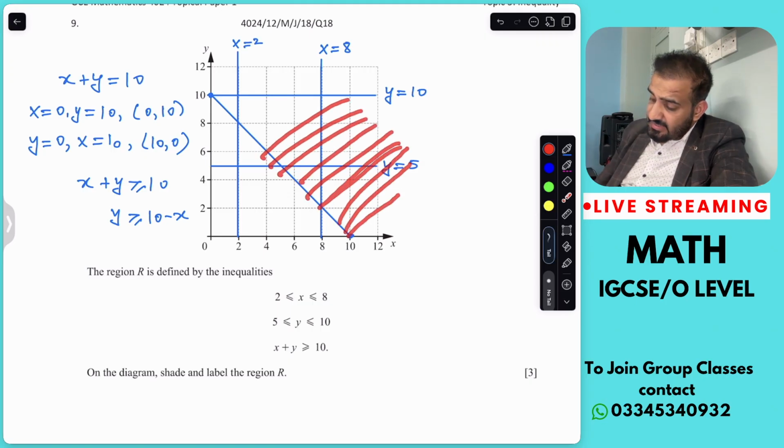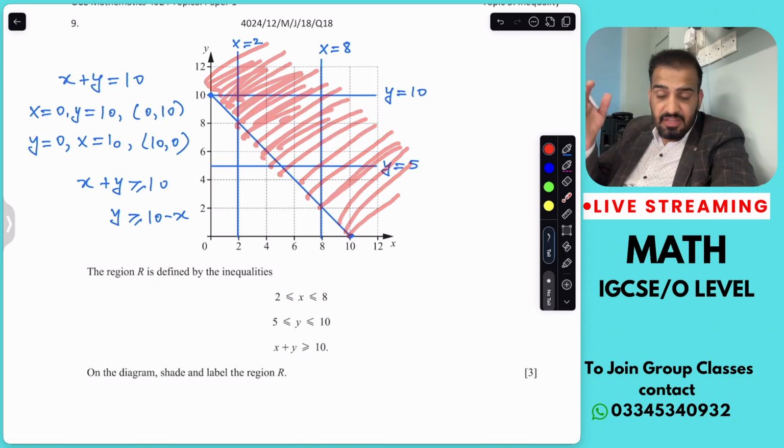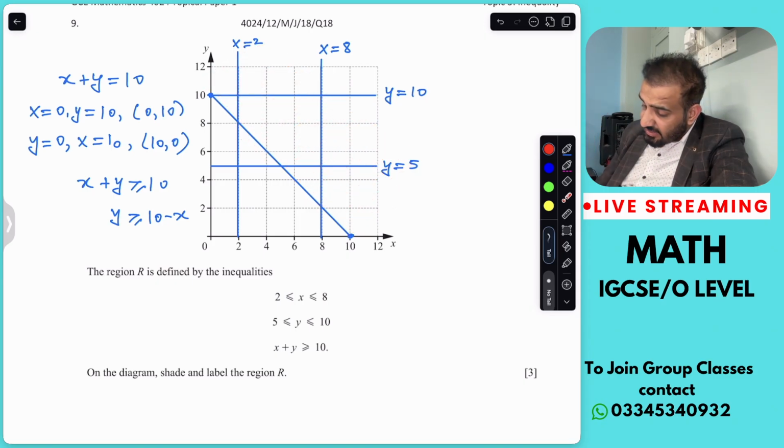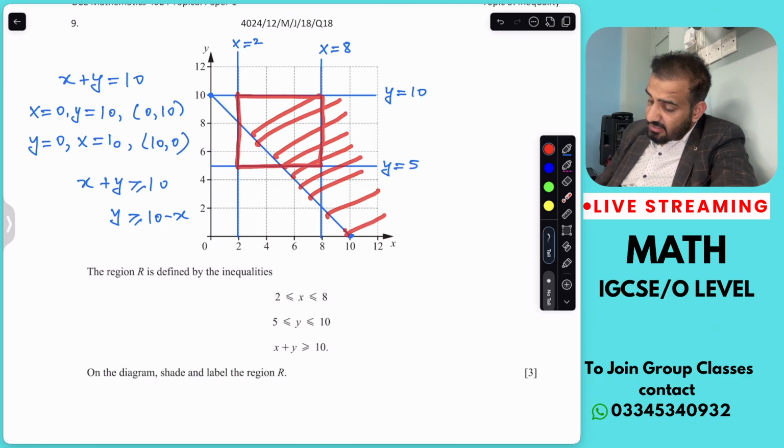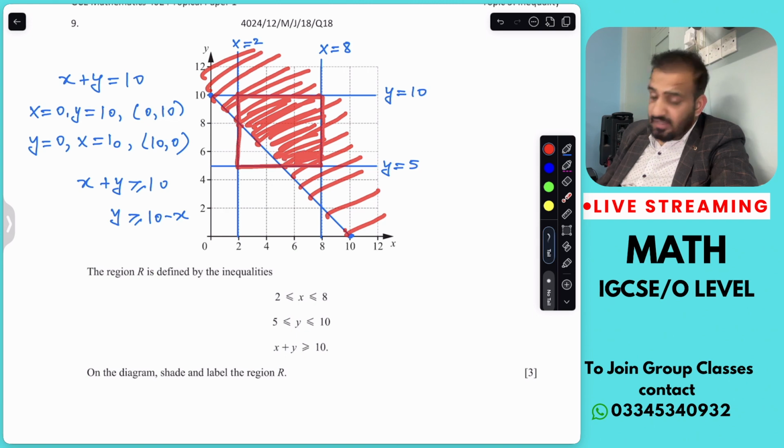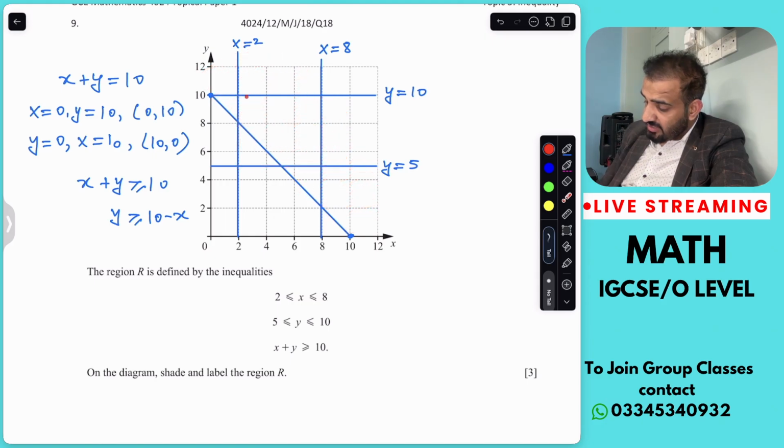But please keep in mind your previous shading. So what was the previous shading? The previous shading is this box along with the shading of this line. So tell me what your combined shading, common shading is. If you look carefully, your common shading is only this portion.